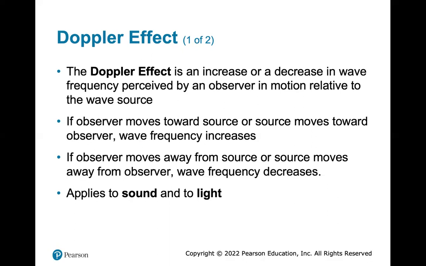If it's red shifted, where the red wavelengths are longer, it's moving away. And you can tell rotation. If you're looking at an object and it's rotating, the side that's rotating towards you will be blue shifted, and the side that's spinning away from you is red shifted. So it applies both to sound and to light.